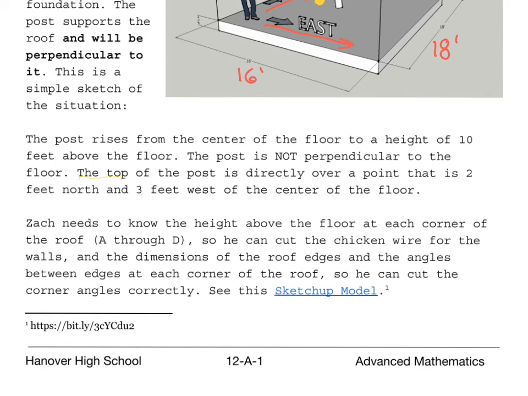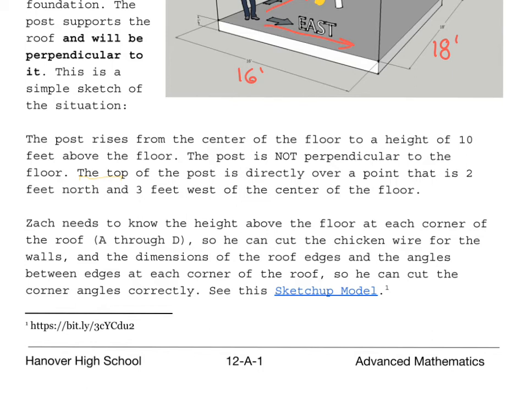The last thing I want to mention about this, if you have a chance to do this, at the bottom here, I have included a link to a SketchUp model. A SketchUp model is a 3D model that you may be able to open in your browser. There's a free SketchUp viewer that you have to run in a Chromebook in order to see this, and I believe it's available for you to install.